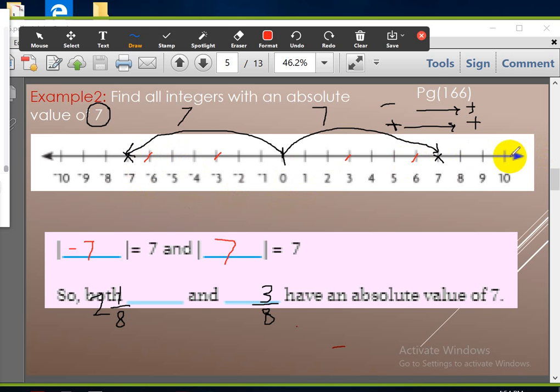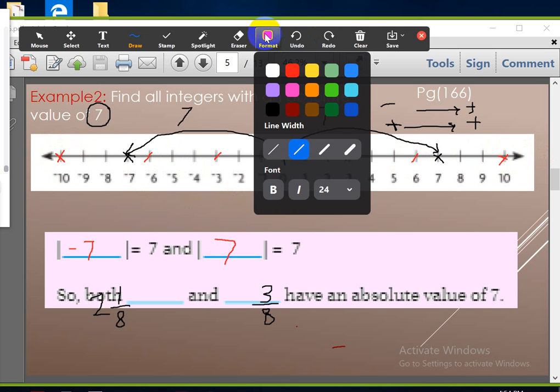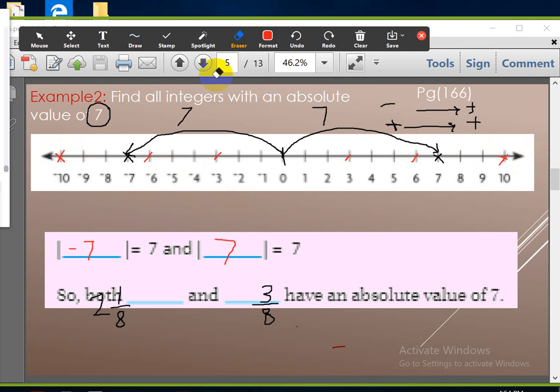The absolute value for 10 and -10 is 10. So the absolute value for symmetrical numbers is the same number but with the positive sign. Okay, this is the main idea of the absolute value.